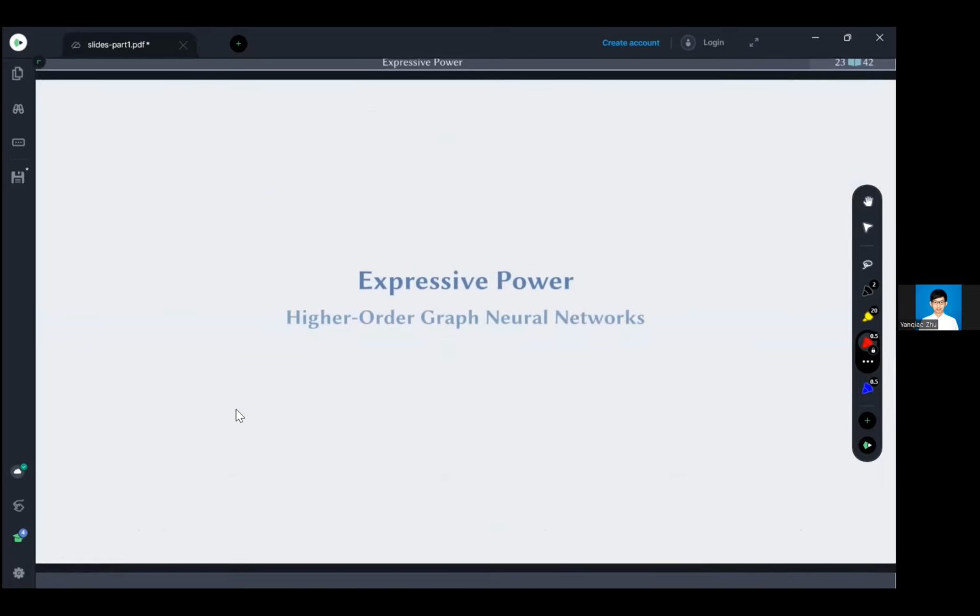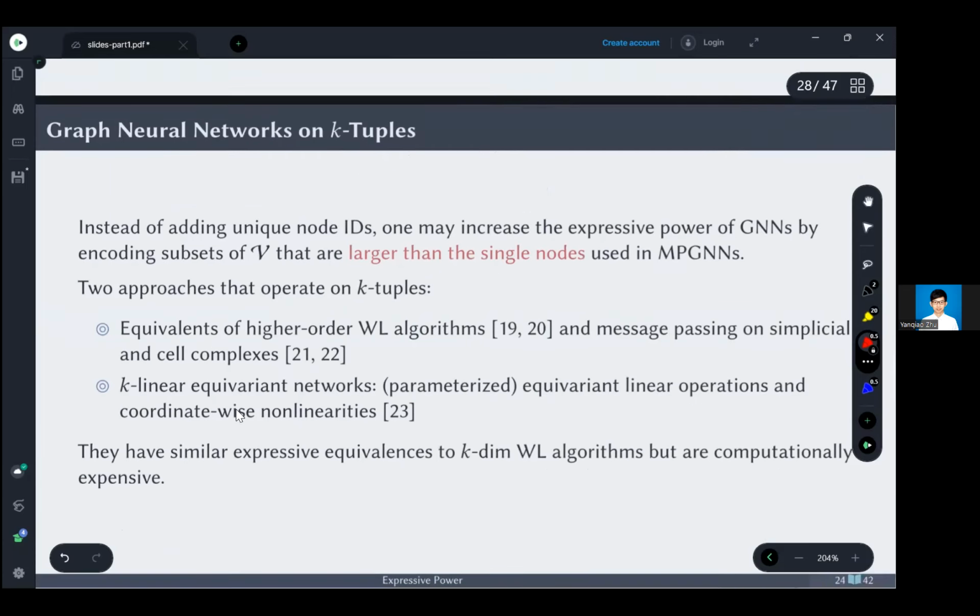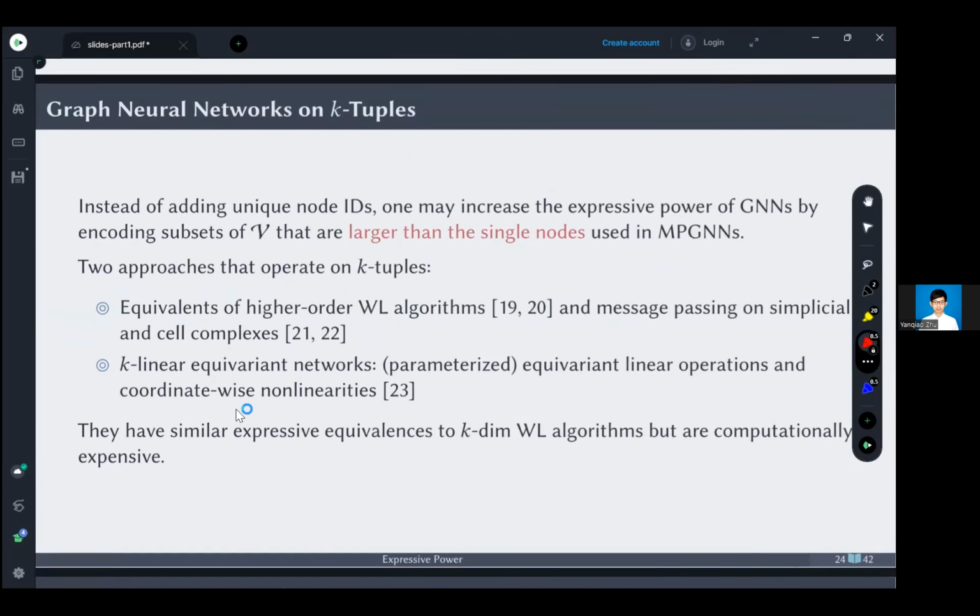This is the first direction, and the second direction is called higher order graph neural networks. The idea of this kind of approach is also very simple. Instead of operating the message function on the node level, we can operate the graph neural network model on a set that is larger than just single nodes.